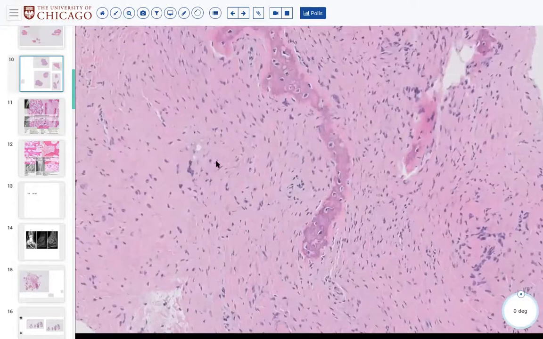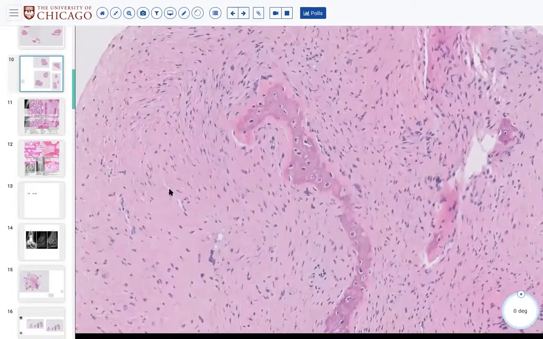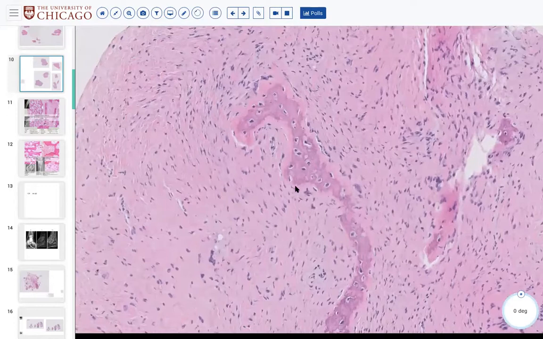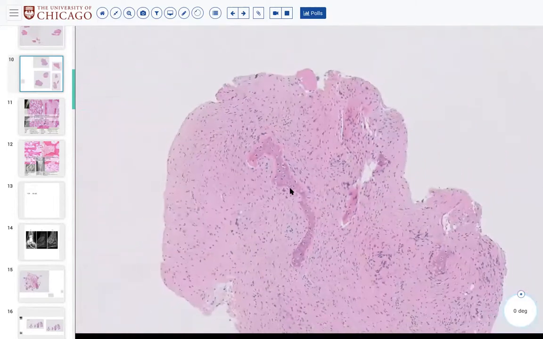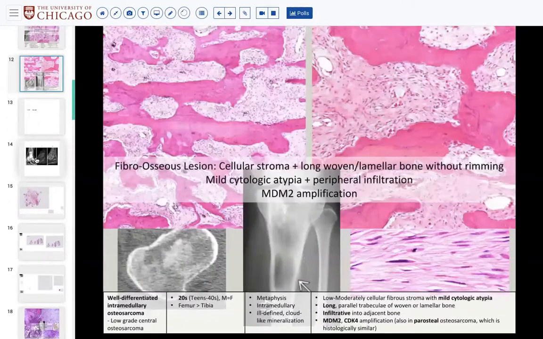Other than NOF and fibrous dysplasia, what should always cross your mind in a younger person with a fibroblastic/osseous lesion? What is one thing you want to exclude? Like a low-grade osteosarcoma, a low-grade intramedullary fibroblastic osteosarcoma. I would argue this is probably your most important differential diagnosis with fibrous dysplasia, such that it's composed of fibroblasts, with bone in the background.